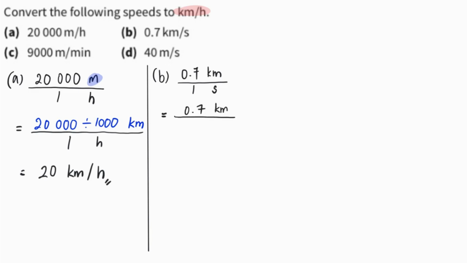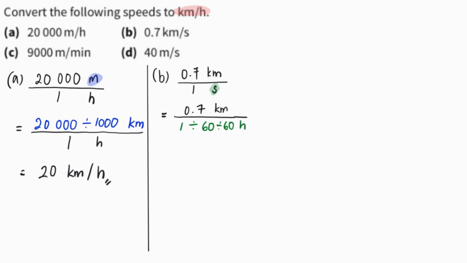How do I convert 1 second to 1 hour? For this, it will simply mean I'm going to divide by 60 because 1 minute has 60 seconds. And I'm going to divide by 60 again because in 1 hour there is 60 minutes.